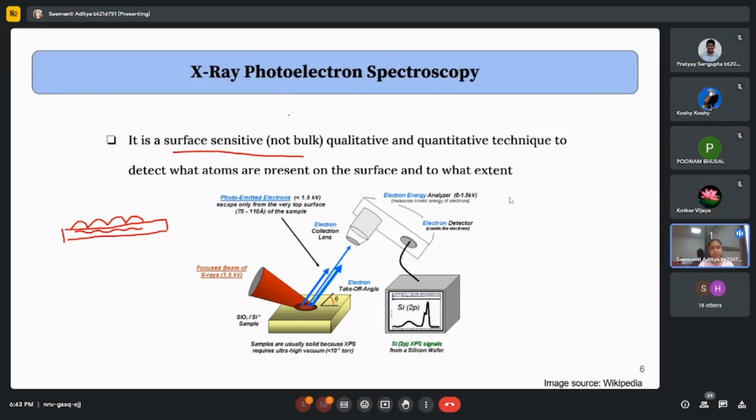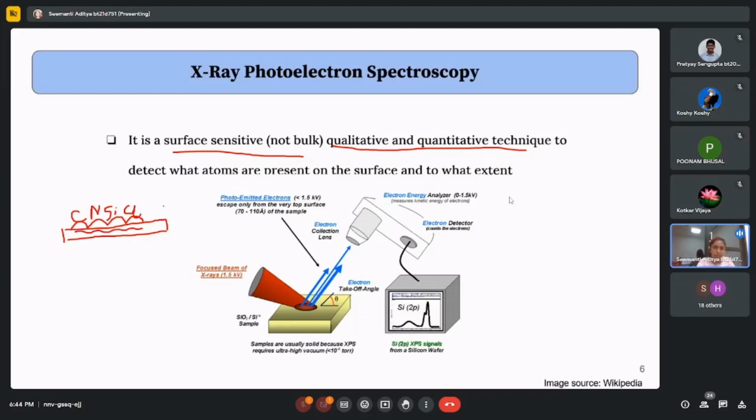So X-ray photoelectron spectroscopy is a surface sensitive technique, and it can detect both qualitative as well as quantitative measures of how much and what kind of atoms are present. So suppose there are different kinds like carbon or nitrogen or silica or chlorine or whatever.